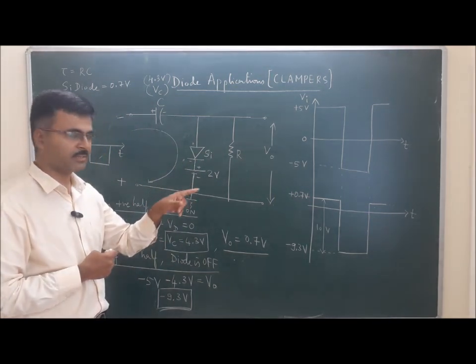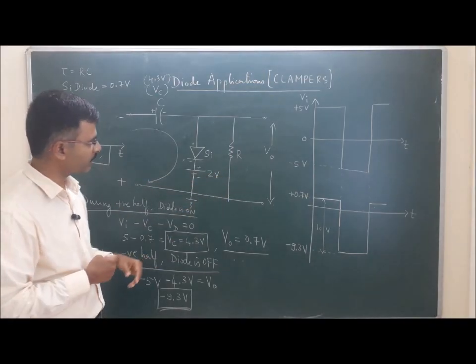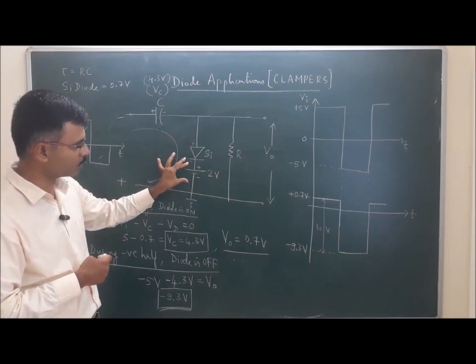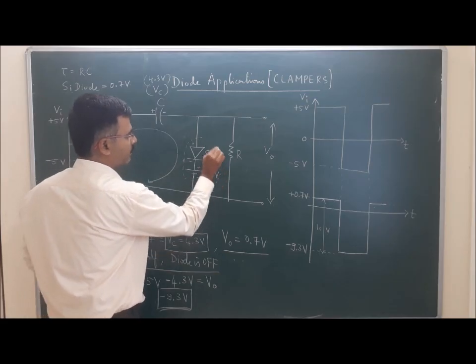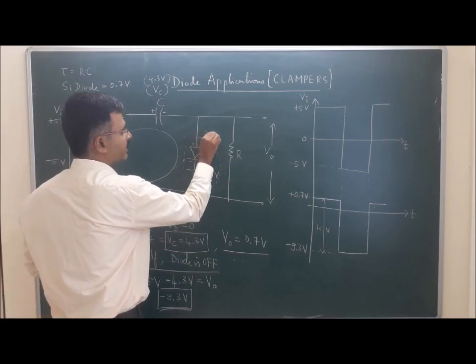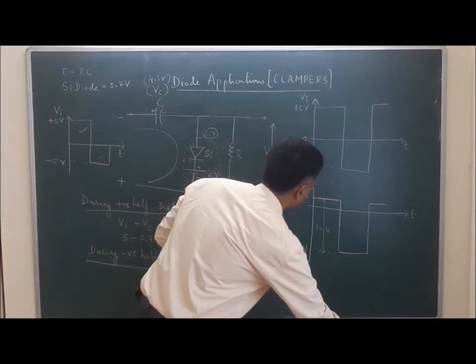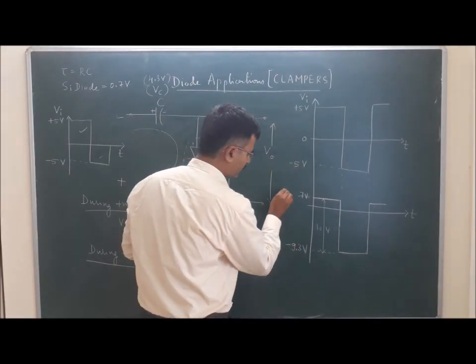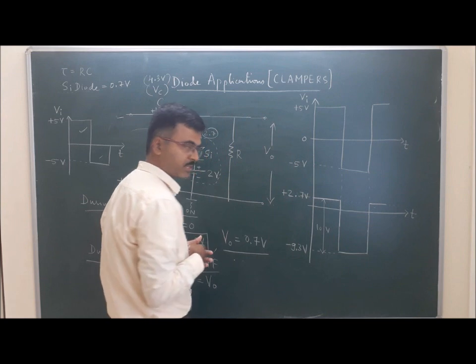The transition level in this case changes. Previously it was 0.7 volts. Now it is 0.7 of the silicon diode and 2 volts of the battery. So overall the transition level will be 2.7. Okay, so instead of 0.7 I just need to change it to plus 2.7 volts as my transition level.